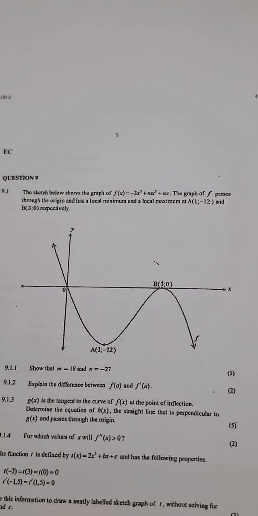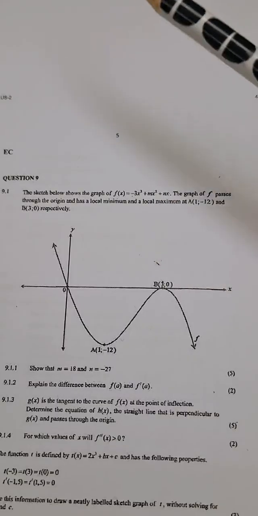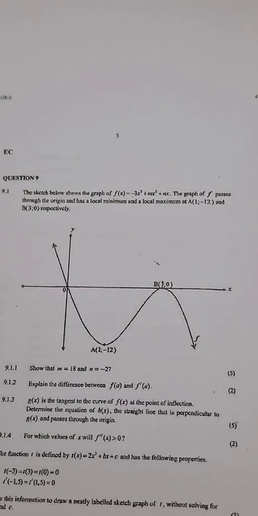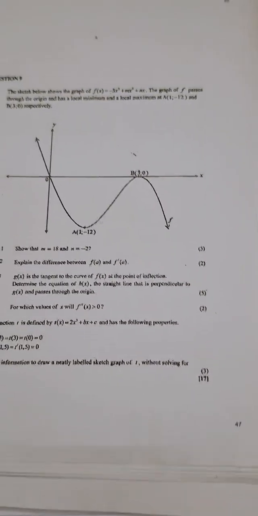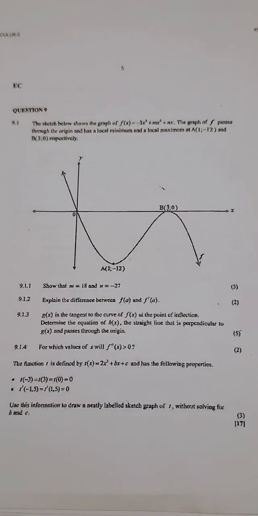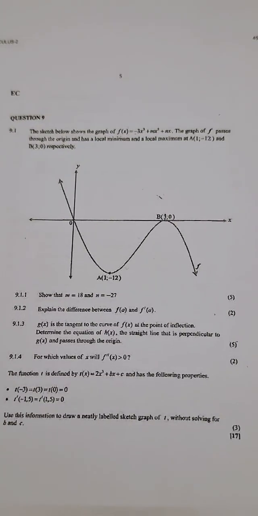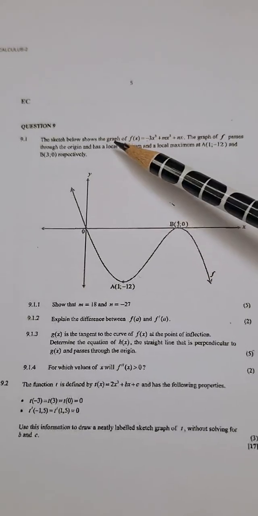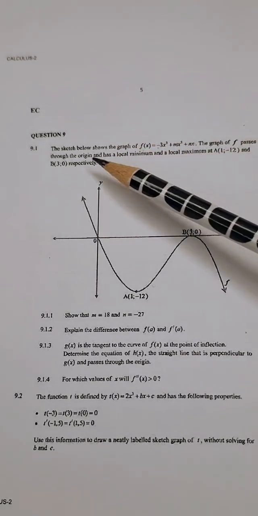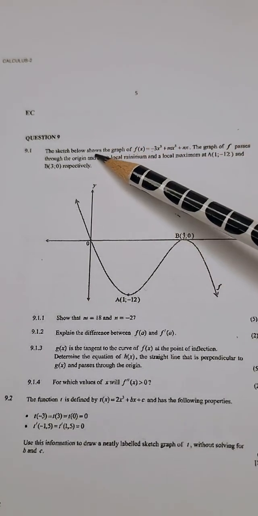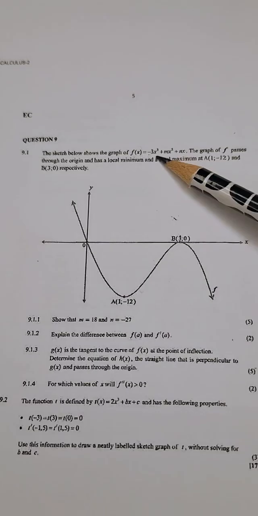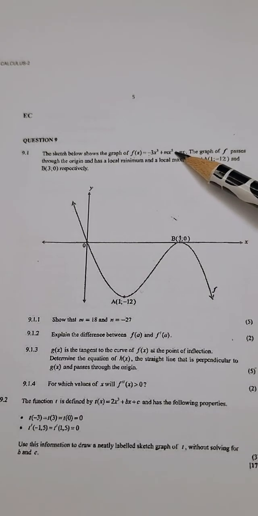We were looking at exam papers, and so in looking at exam papers, we were answering exam type questions of this nature. So if you look at 9.1, the sketch below shows the graphs of f of x is equal to negative 3x cubed plus mx squared plus nx.